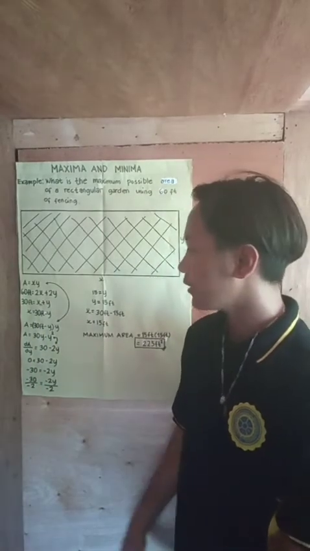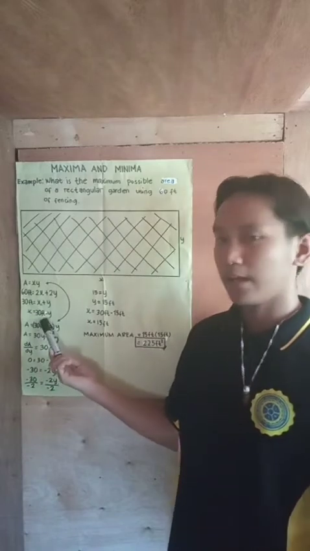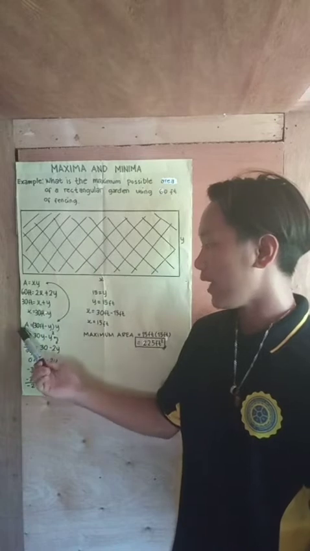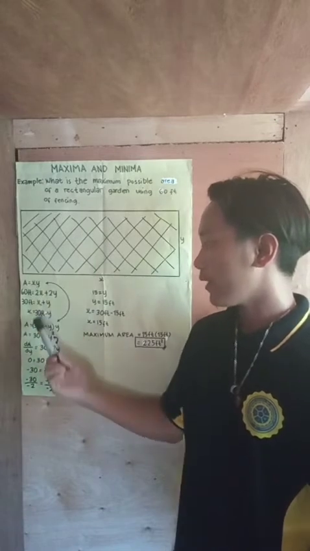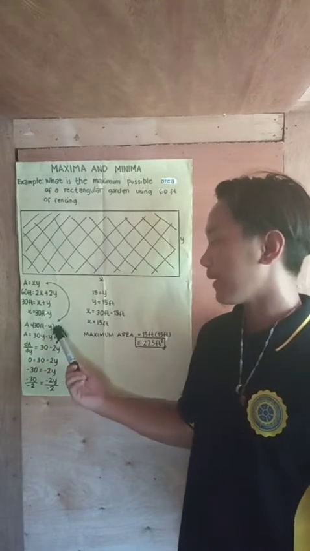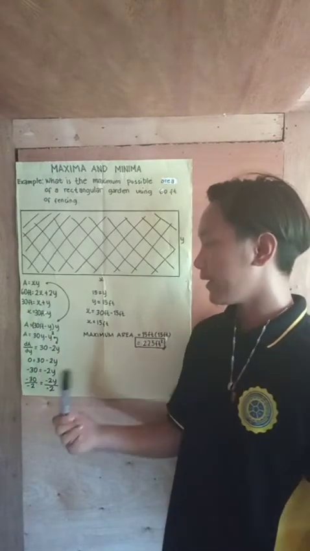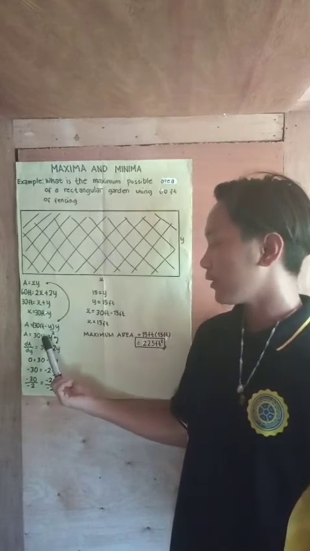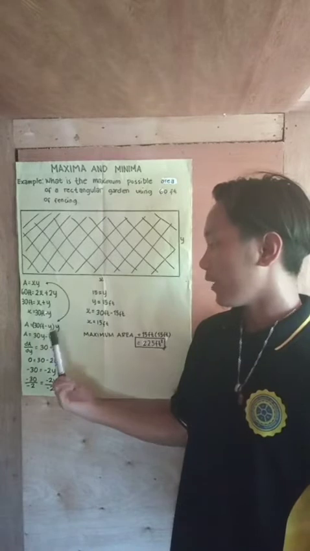Now that we have the value of x, we substitute it. A equals x times y, and the value of x is 30 feet minus y. So 30 feet minus y times y. Then we simplify: A equals 30y minus y squared.